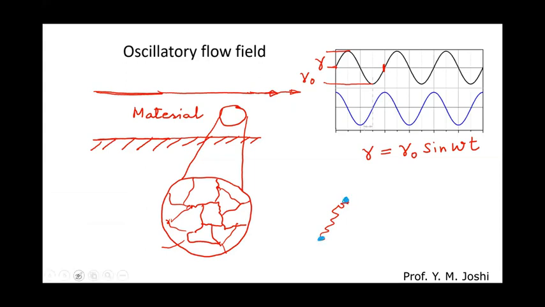As the material undergoes deformation in this particular direction, this junction point will get stretched like this. Now, beyond a certain point, assuming that there is no slip at the wall, which we shall always assume, the deformation that these two junctions undergo will be so high that this particular molecule will come out of the junction.